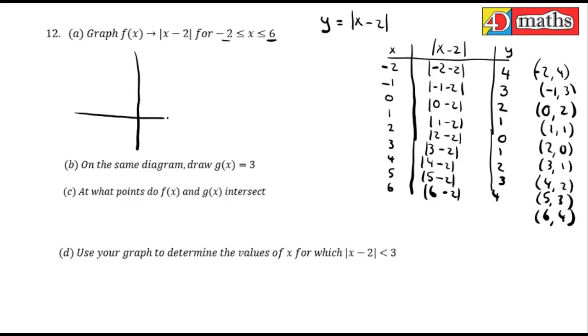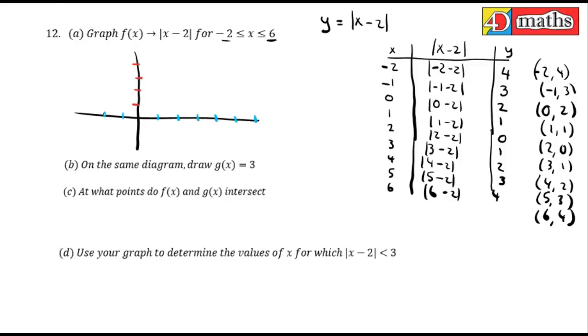XY axis. So I'm going to plot all my points. There's -2, -1, 1, 2, 3, 4, 5, 6, and we need all the points. So we'll go on the y-axis: 1, 2, 3, 4.